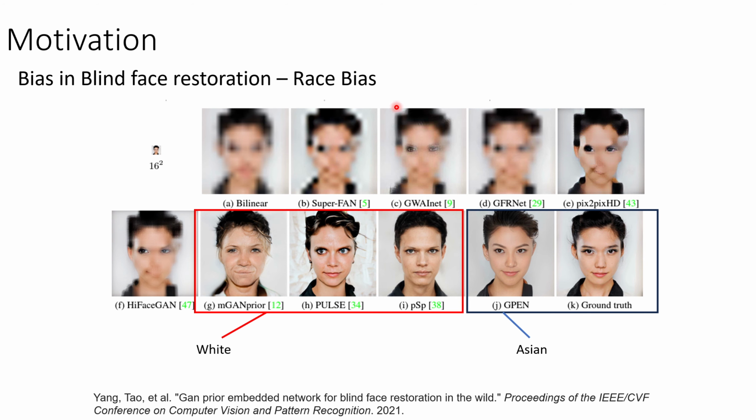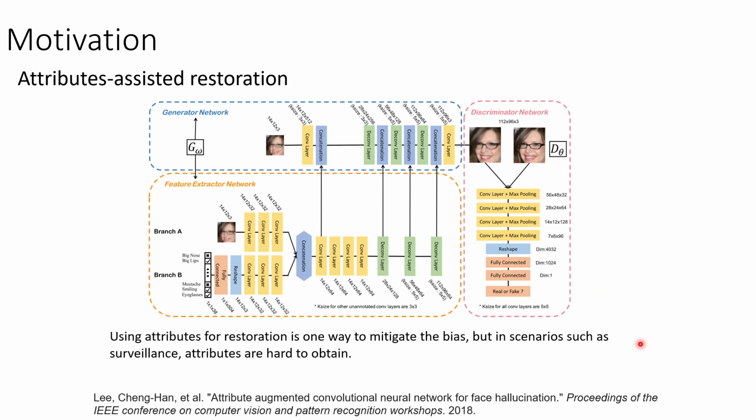With this bias, there are of course approaches developed to combat it. The first kind of approach is attributes-assisted restoration. This is the work of AICN, whose full name is Attribute Augmented Convolutional Neural Network. In this network, they assume that they have the attributes for every face, and they use these attributes.